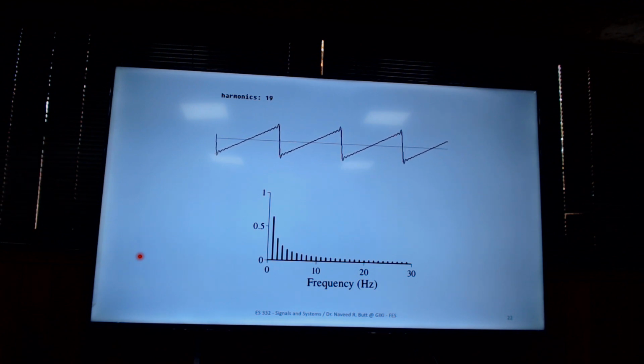When there are sharp changes in there, you need a lot of frequencies, but you can still try to approximate. So actually you will need infinite number of these frequencies to get the exact sawtooth. ये जो shape है ना, ये वाली. Sharp change is very hard to capture.